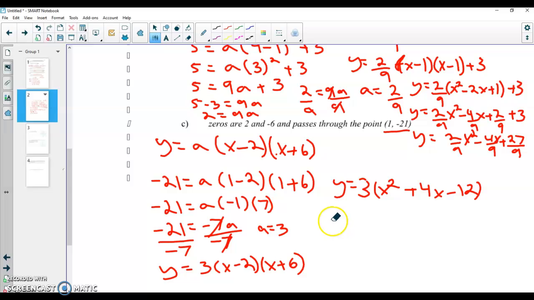And so now we distribute the 3 within, so y is going to be equal to 3x squared plus 12x minus 36.